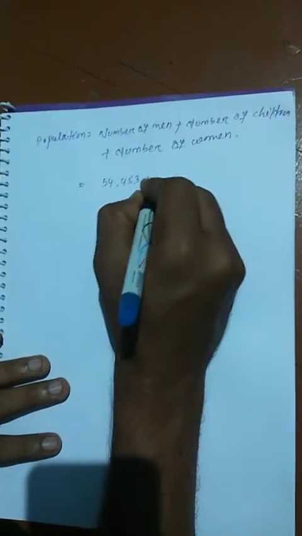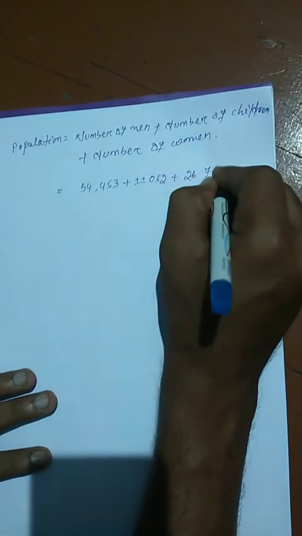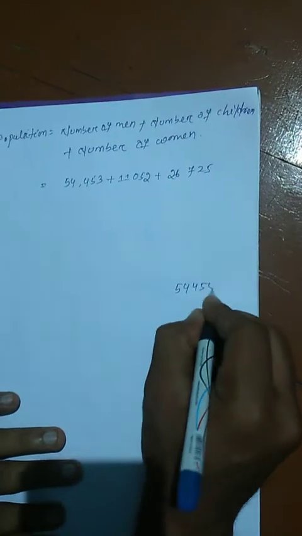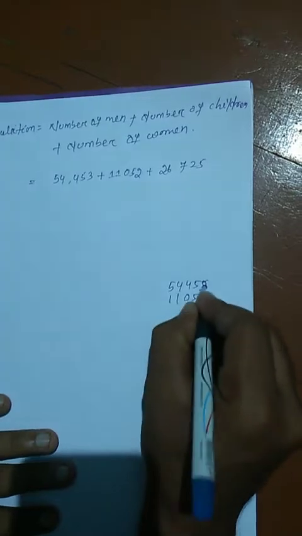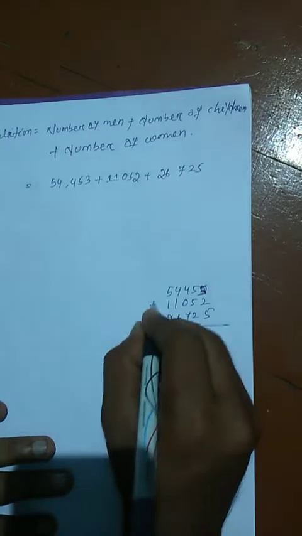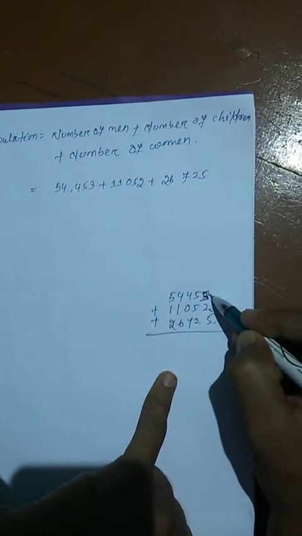So after this we will add 54,453 plus 11,052 plus 26,725. In rough you can also add like this. 5 plus 2, 7, 7 plus 3, 10.